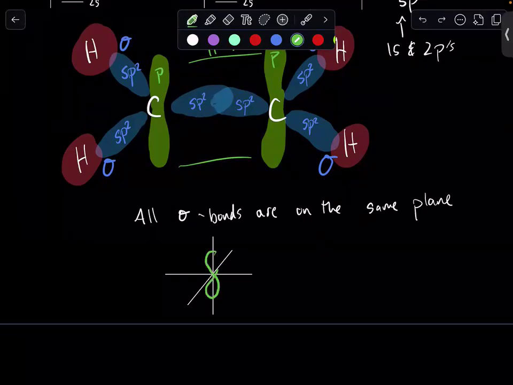I'll draw that a little bit better. While our sp2 hybridized orbitals kind of make this triangle, and that's 120 degrees to the 90 degrees of the p orbital.